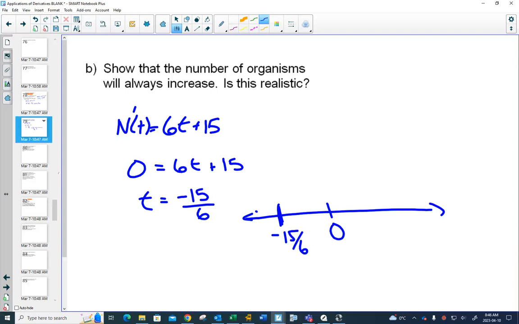Maybe I should change this even to a different color, just to imagine, hey, all we have to think about is from time 0 plus. And if I plug in anything bigger than 0 into this equation, I'm going to get a positive number, which shows that it is always increasing.